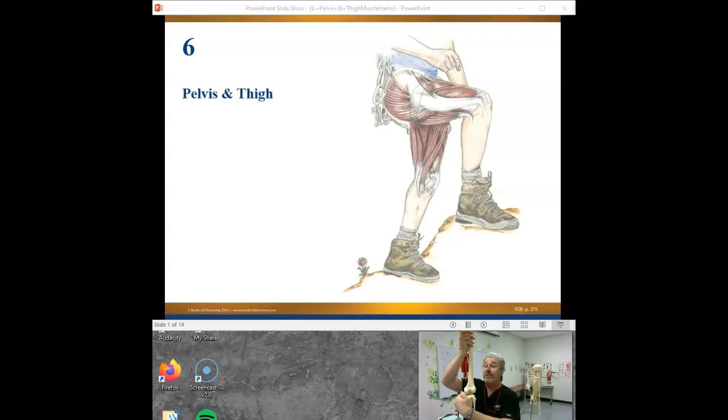Medial means close to the midline. Middle means in the middle of whatever object you're in. So your semimembranosus, which likes to hang out very closely with your semitendinosus, is found on the medial side of the leg. The biceps femoris is found on the lateral side of the leg, and it's very easy to confuse medial and middle. So thank you, Miss Cooper. This is actually very helpful, something I should have clarified a while ago. Found most lateral is the biceps femoris, long and short head.